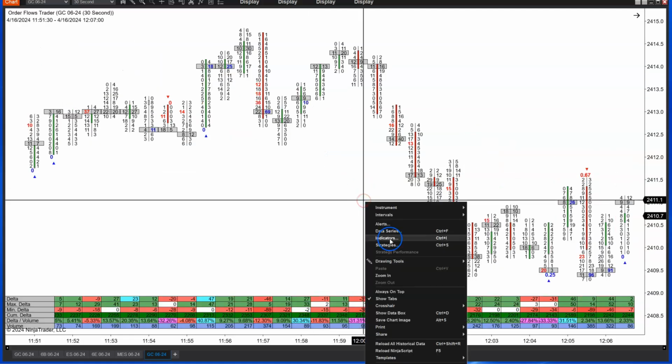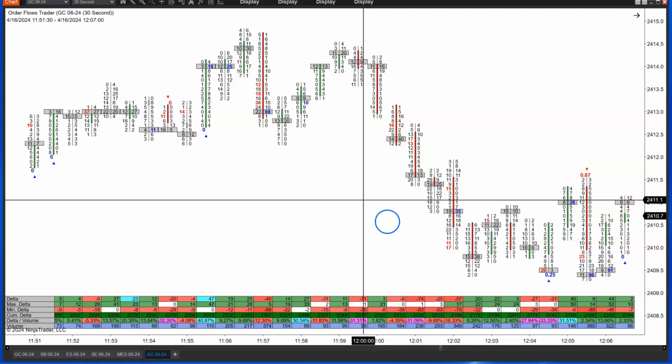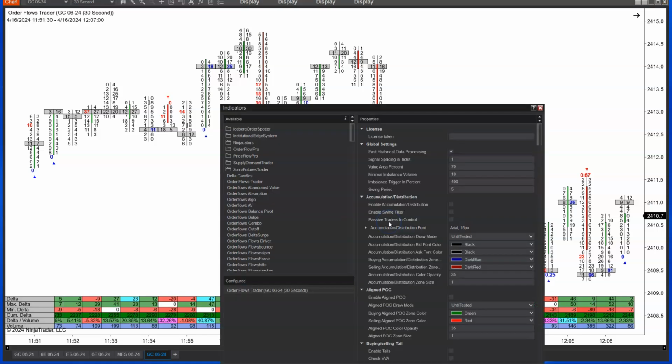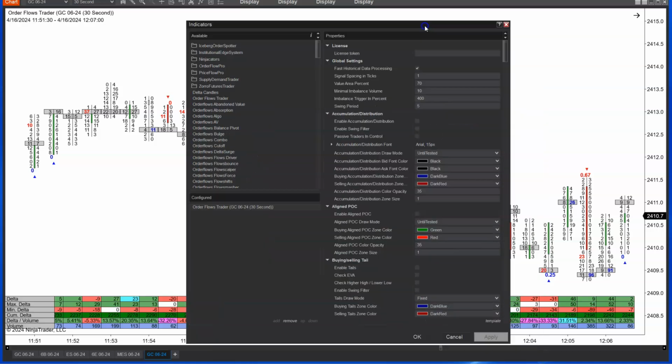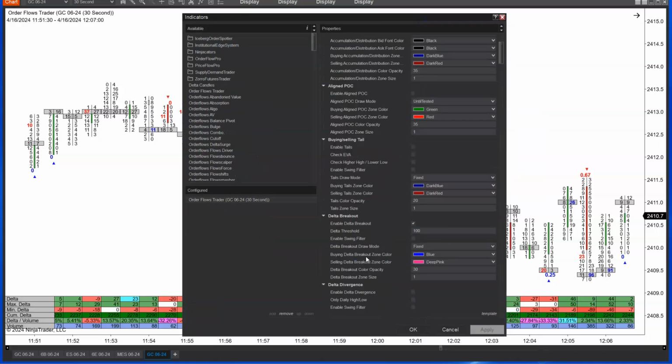So, that is the Delta breakout tool on Orderflows Trader. And again, depending on the market that you're trading, you will want to adjust the Delta threshold. Obviously, if you're trading bonds or 10 years or 5 years, you're going to want to adjust it to take into account the amount of volume that goes through the market.